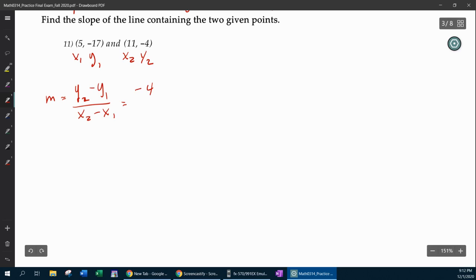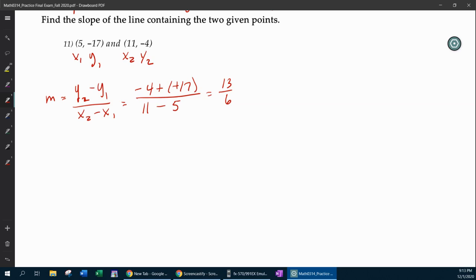Y2 is negative 4 minus a negative 17 over x2, which is 11, minus 5. Remember that two negatives make a positive, so this is going to become plus. Negative 4 plus 17 is 13. 11 minus 5 is 6.